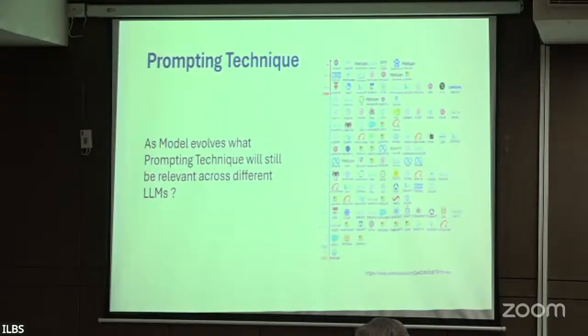There is an overview, a structured theory that has actually been developed. There are a lot of LLM models available these days, and it is a very fast evolving area. As the models evolve, what prompting will still be relevant across different LLMs? What is the basic structure we must know?